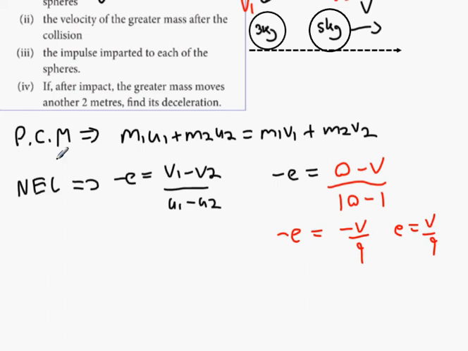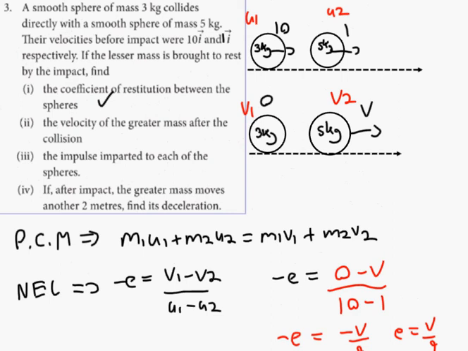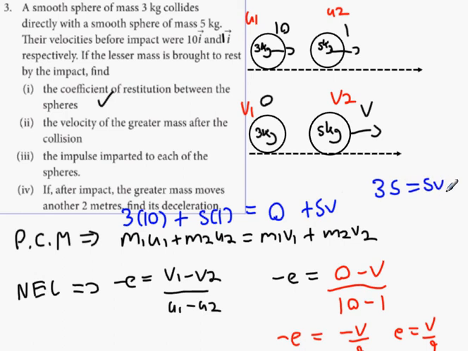Now we'll have to use the principle of conservation of momentum to find out what exactly V is. So M1, what's the mass of the first one? It's going to be 3 times 10 plus mass 2, which is going to be 5 times 1 equals M1 times V1, which is going to be 0, and then finally 5 times V. 30 plus 5, 35 equals 5V.